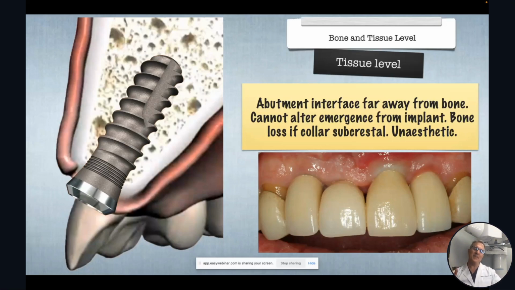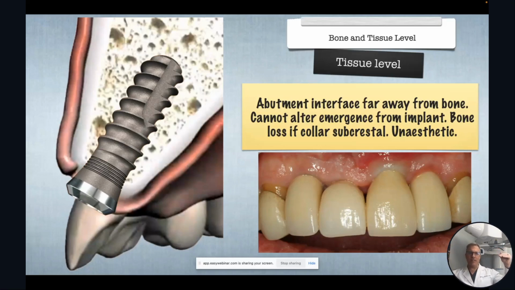So if you look at the picture on your right, tooth number 8, the right central incisor, is made on a tissue-level implant. And that is just ugly. And the reason why it's ugly is the emergence profile starts basically at the crest of the gingiva.